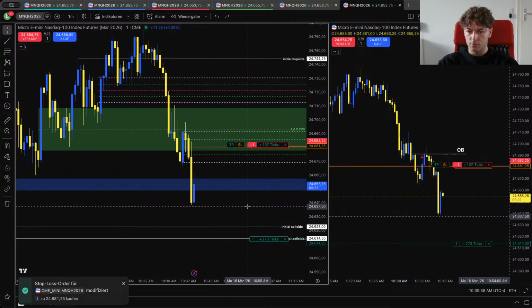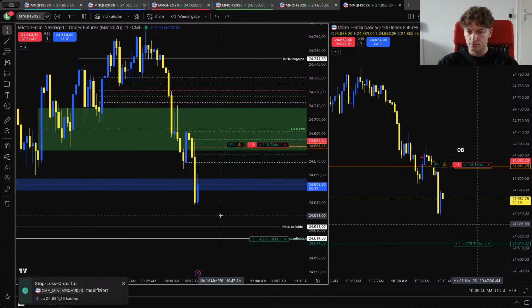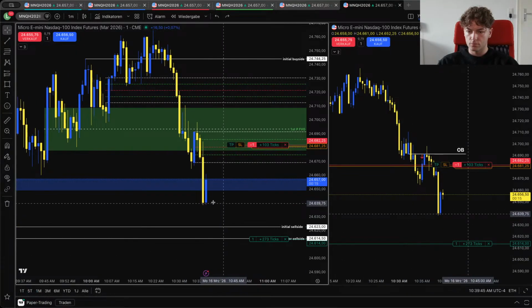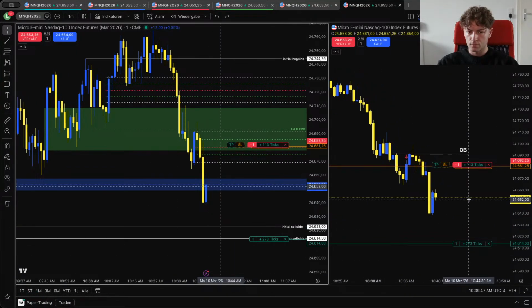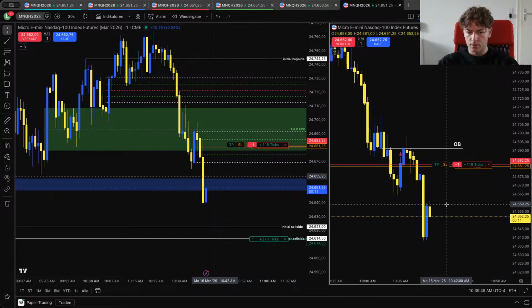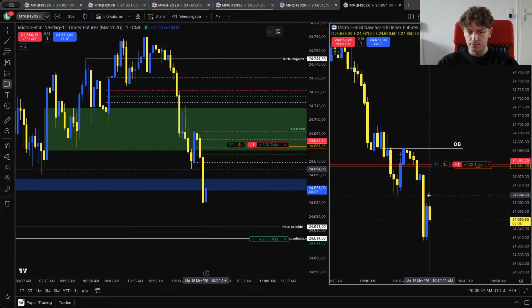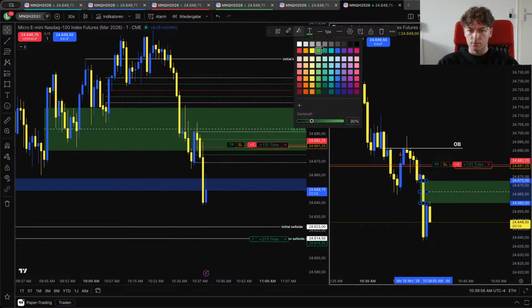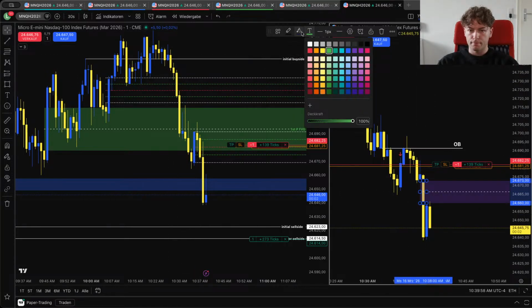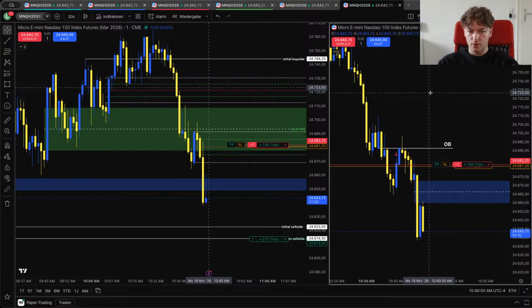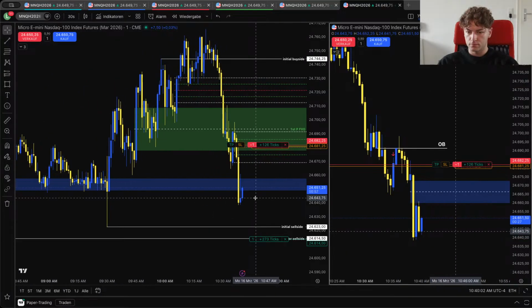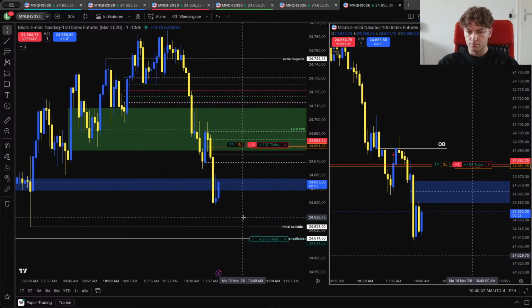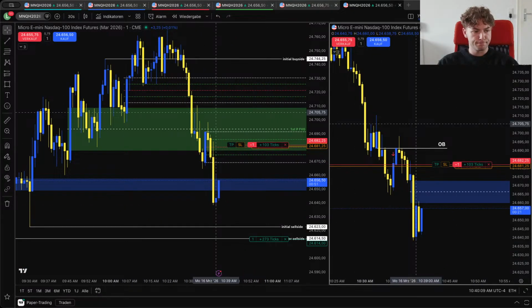So I want to see price remain weak. Institutional order flow entry drill on the 30-second chart here. Right there. Let's see.